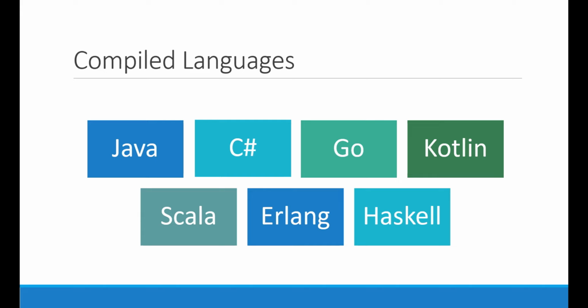C Sharp is popular among companies, say, adopting Microsoft technology stacks. Then there's Go, and Go was developed by Google, and it's getting more popular. It's supposed to be their version of Java and C Sharp, but it doesn't include some of the complexity.